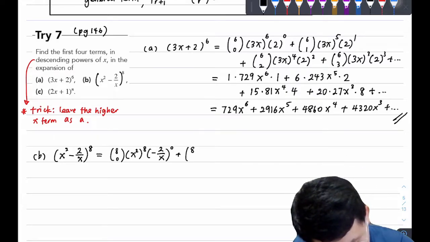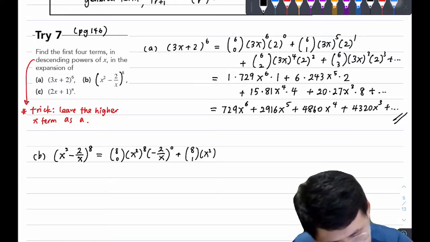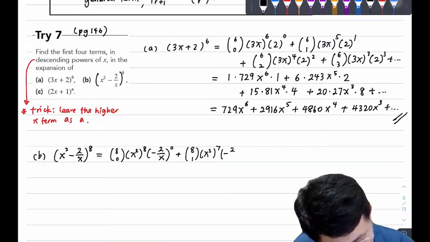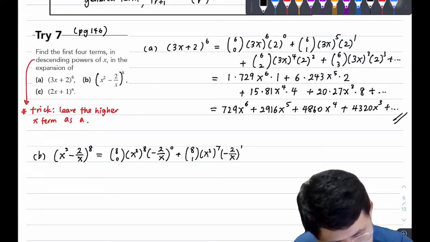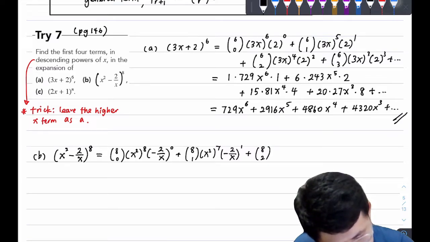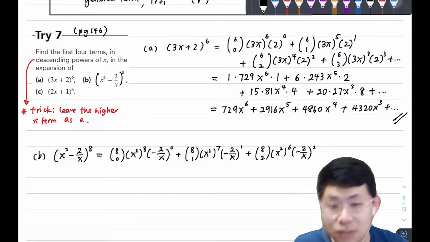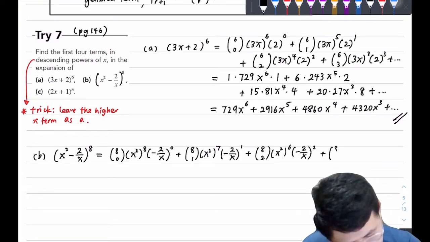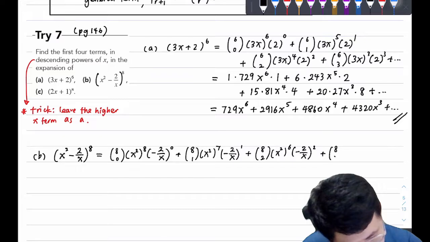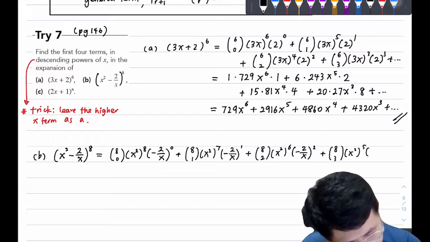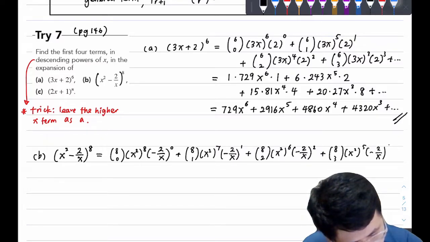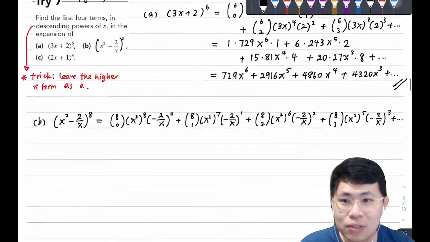Plus 8 choose r, a to the power of 8 minus r, so this is 7, and b to the power of r, plus 8 choose r, a to the power of n minus r times b to the power of r. Do you see the trend now? Last one, plus 8 choose r, so now r is 3, of a to the power of n minus r times b to the power of r. Okay, so now you see this?